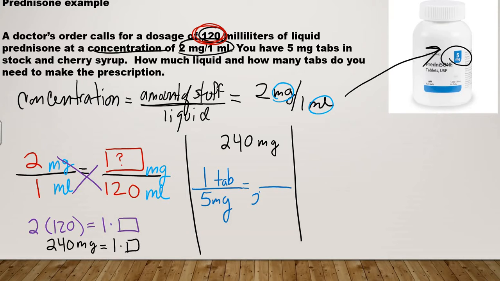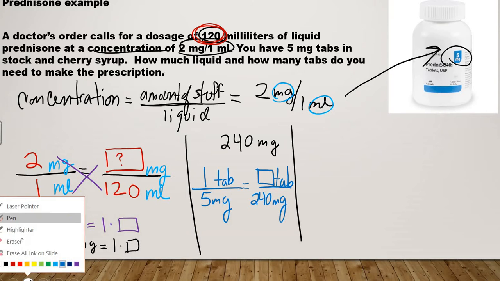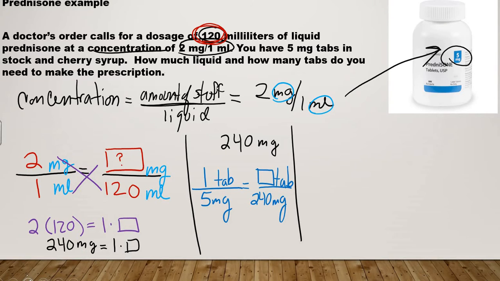I need 240 milligrams. I need to know how many tabs. Very important, you have to keep the same kind of stuff. If I have milligrams in the bottom, milligrams have to be in the bottom here. Tabs on top, tabs on top. Align those, don't let them switch.